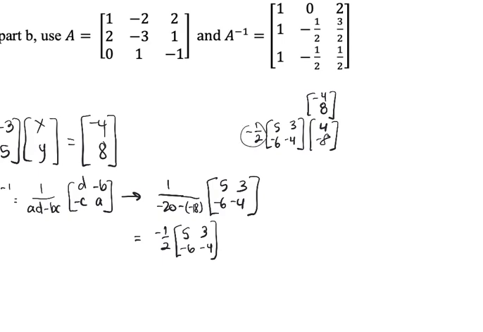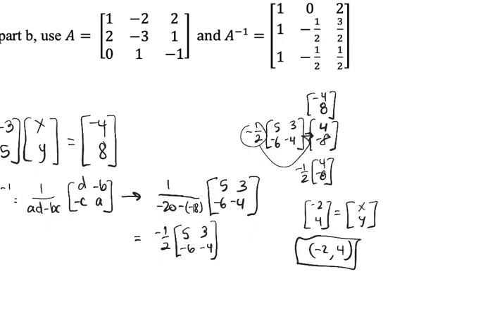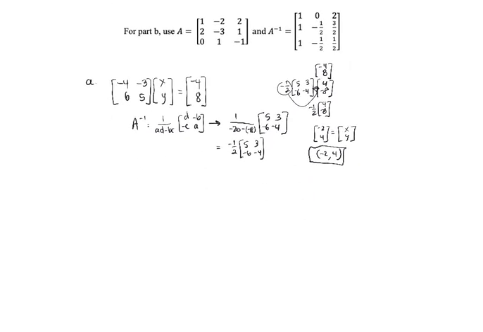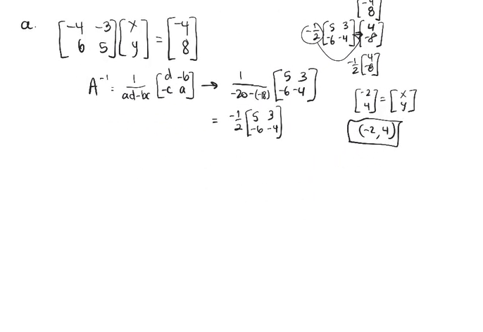Then we take the -1/2 and multiply it into this matrix. So it's -1/2 times 4, -8. That gets us -2 and +4. So x is -2 and y is +4.